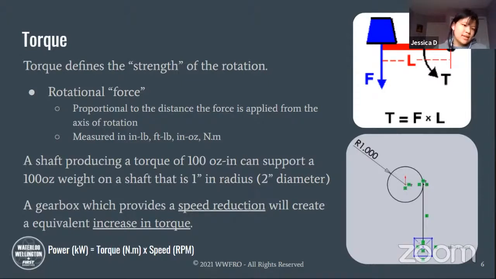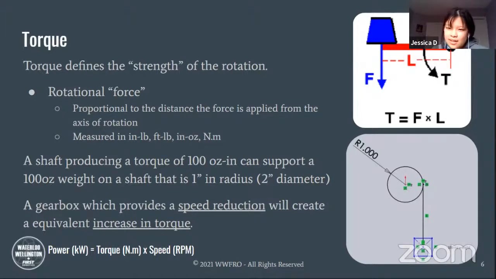And so let's look at an example. A shaft producing a torque of 100 ounce-inches can support a 100 ounce weight on a shaft that is 1 inch in radius, or 2 inches in diameter. In that second image, we have this circle that's meant to represent the diameter of your rotation, where a point would rotate around.